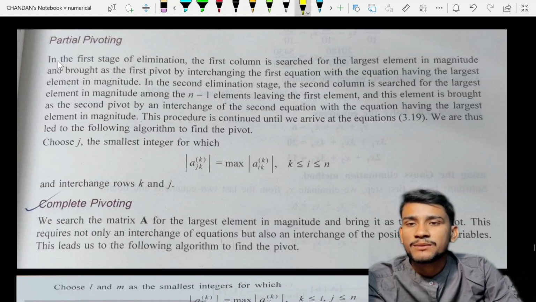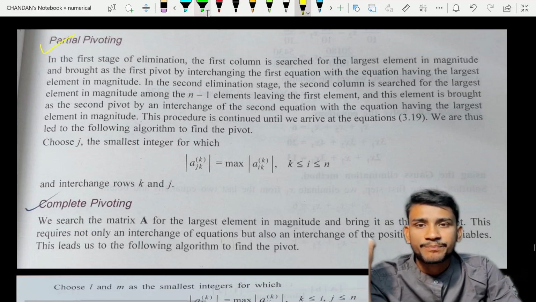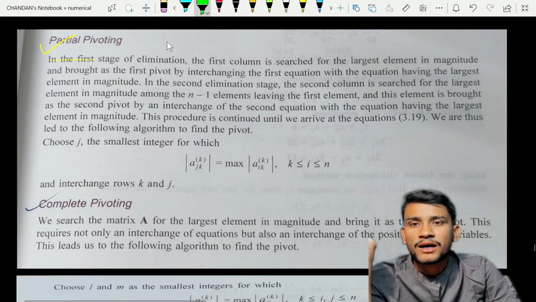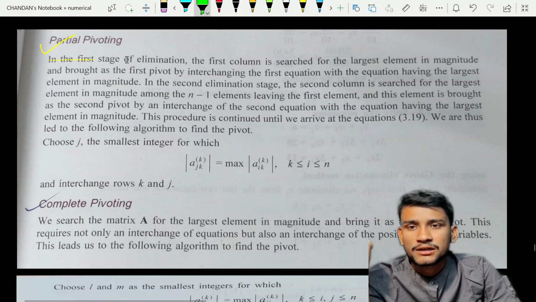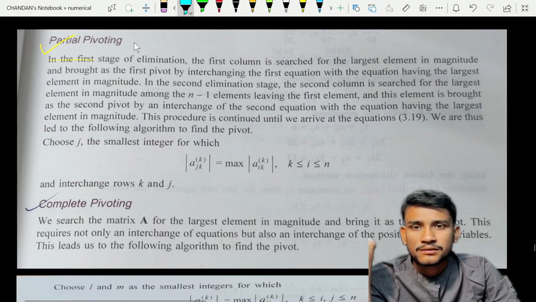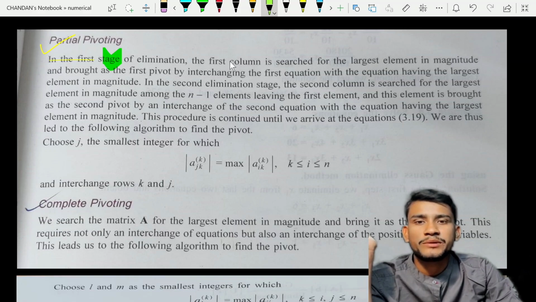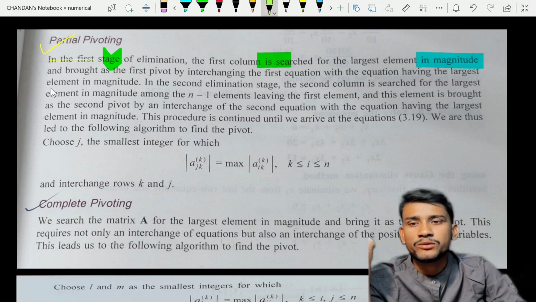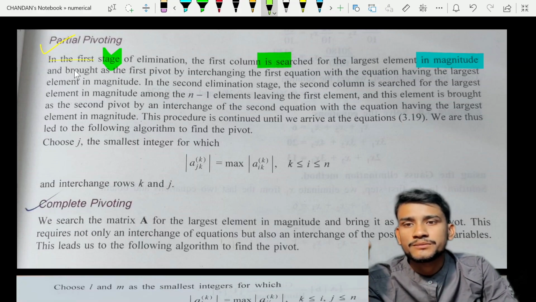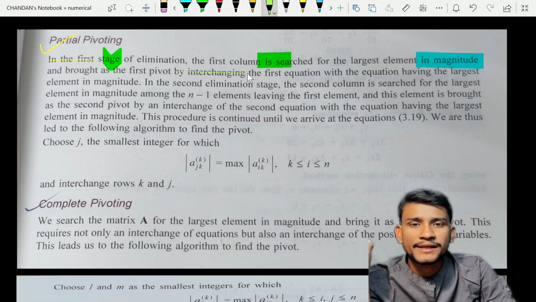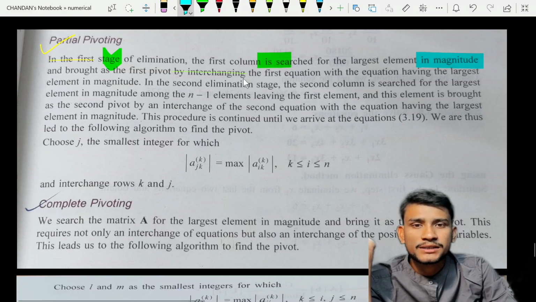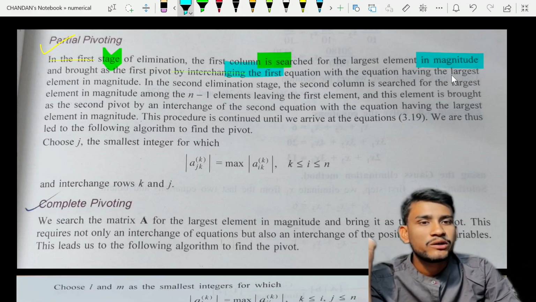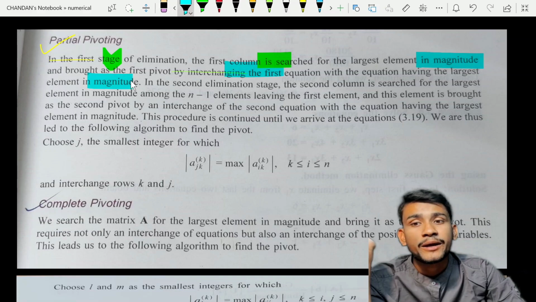So what is partial pivoting? Here it says that in the first stage of elimination, the first column is searched for the largest element in magnitude, okay, and brought as the first pivot by interchanging the first equation with the equation having the largest element in magnitude.